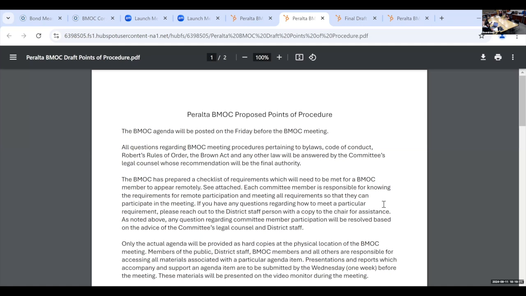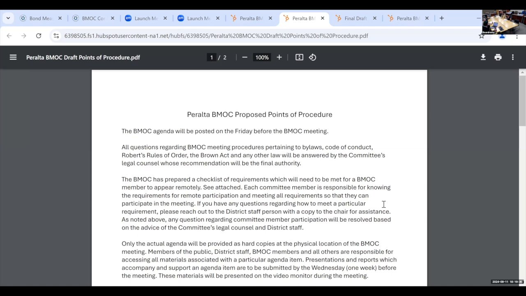Therefore, the deadline for posting the agenda is Sunday at 5 o'clock. You're trying to be more generous with preparation time. So that takes a lot of the mystery out of what we are talking about with deadlines.